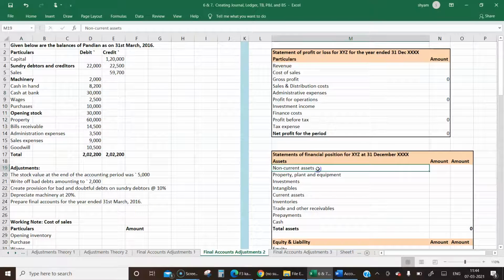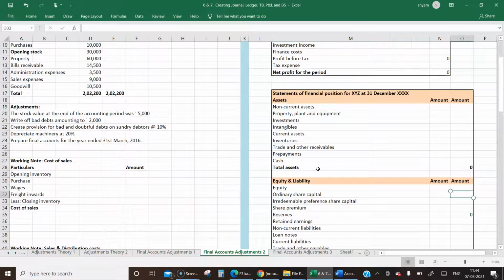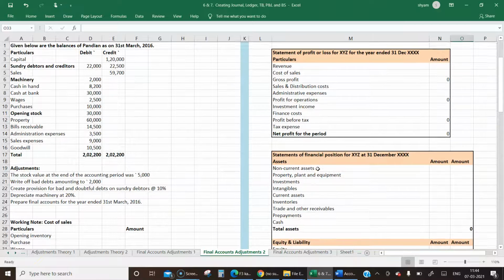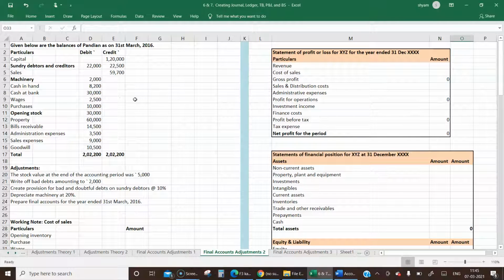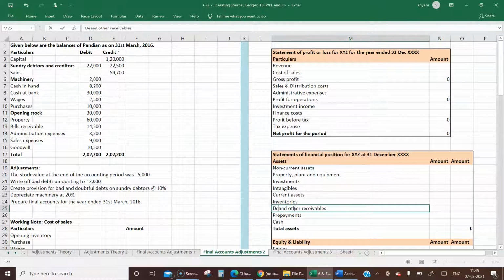Capital is 1,20,000. And debtors is 22,500. So we can show debtors here. So debtors, we'll put the value.